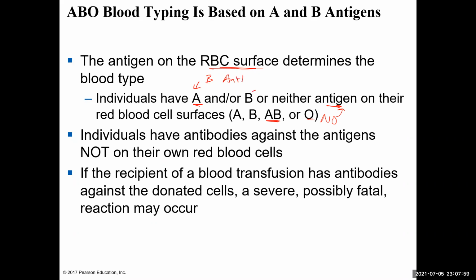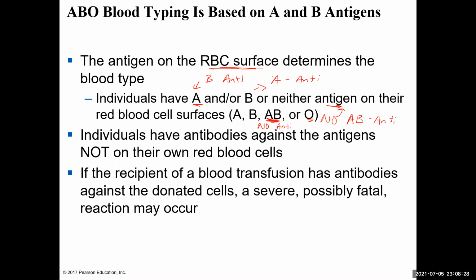If you have B antigens, your body will make A antibodies. If your body has A and B antigens, then you have no antibodies. If you are O, you have no antigens, so your body has both A and B antibodies.